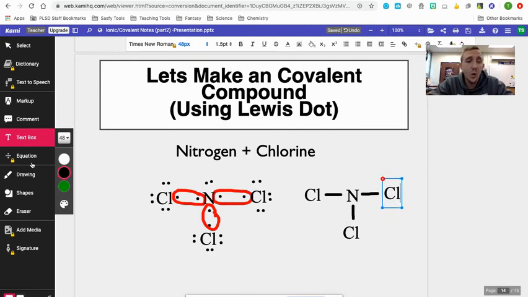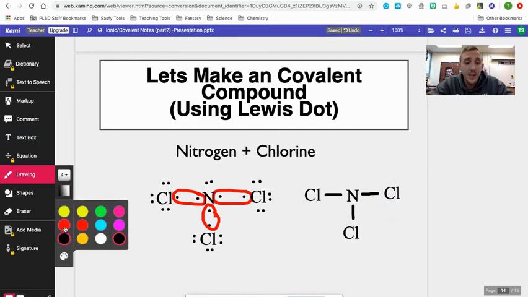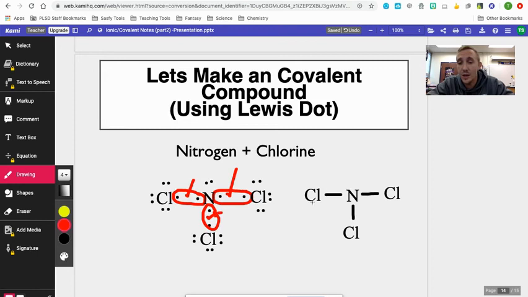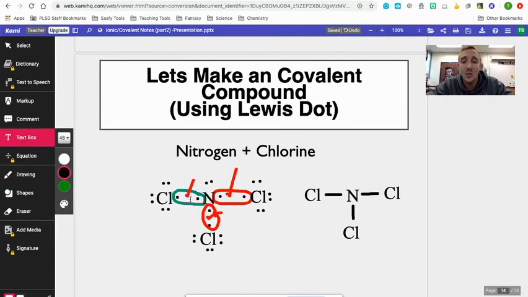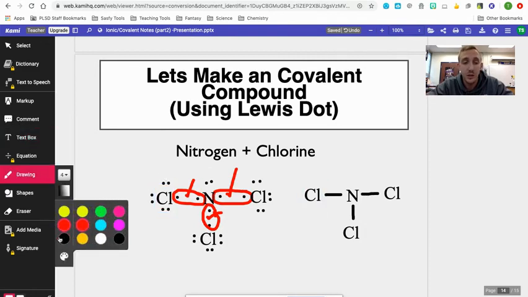Okay. And so what I've gone ahead and done is I've just made the bonds that are showing here. And so you can see those lines to the right. Okay, I have 1, 2, 3 bonds to 3 different chlorines. But what I need to add is the rest of the electrons. So chlorine has 6 electrons or 3 pairs of electrons. Okay, and so I'm going to go ahead and show that.